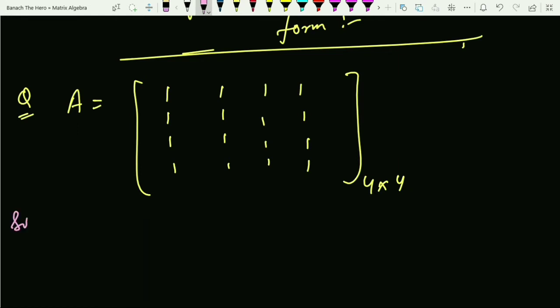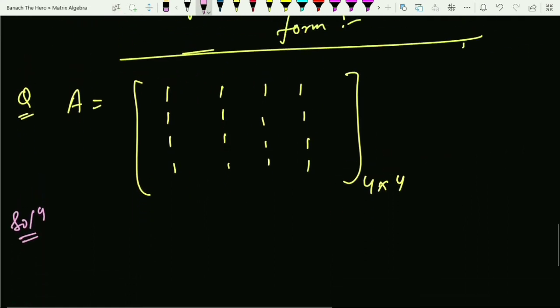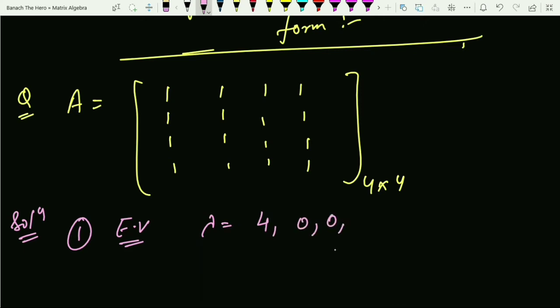So we are discussing how to find the Jordan canonical form, right? And this is any matrix that is of size 4 cross 4. So the first step, as I have told, you should find the eigenvalues. Since this is a rank 1 matrix, the eigenvalues will be the trace, that is 4, and the rest of the eigenvalues will be 0 0 0.